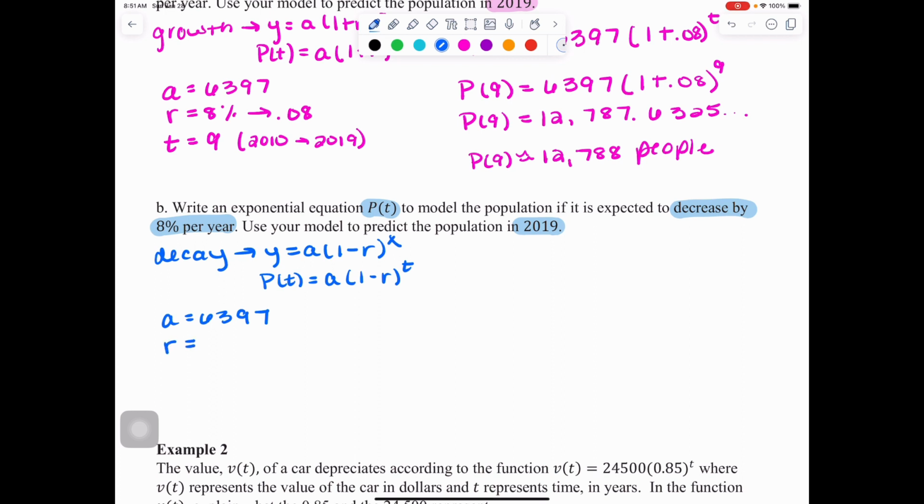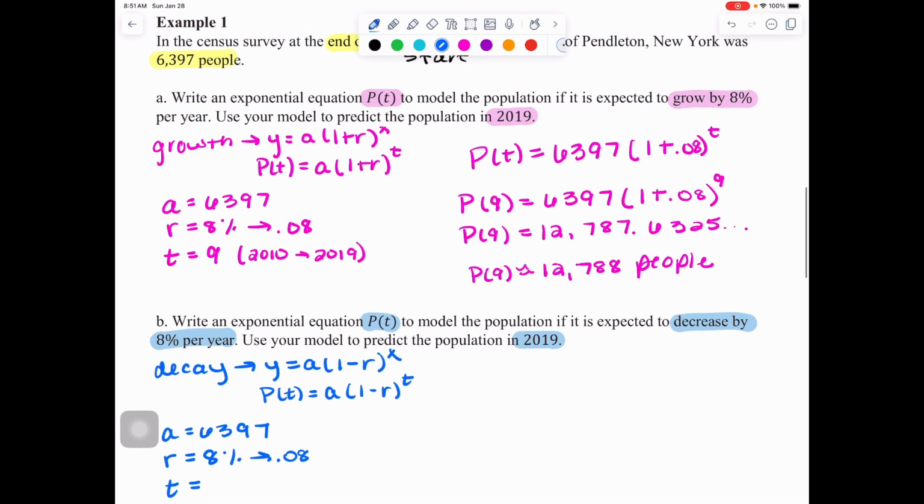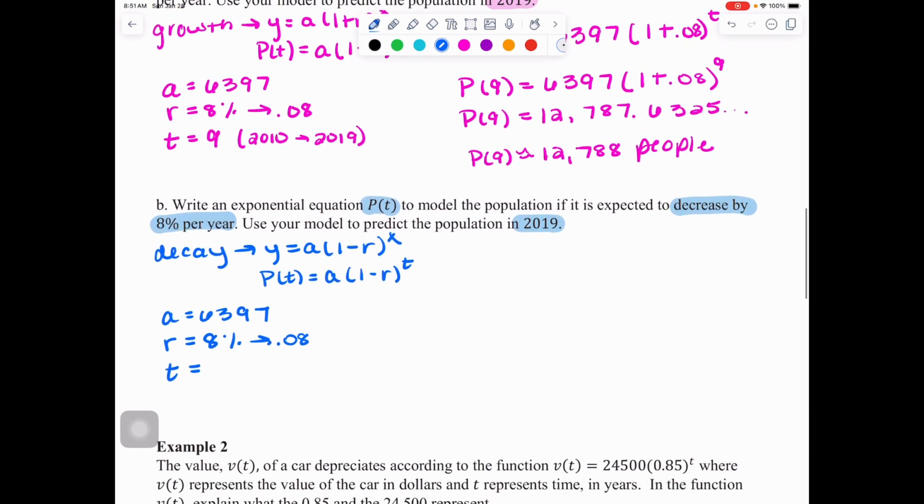My rate is 8%, which means I'm using 0.08. And my time, t, is still 9 because we're still going from 2010 till 2019.